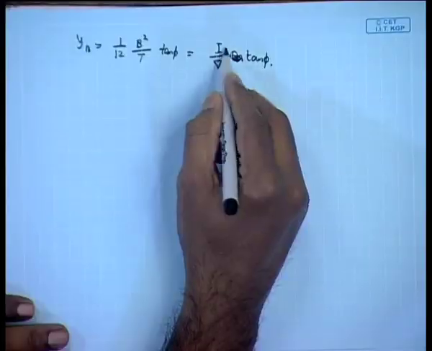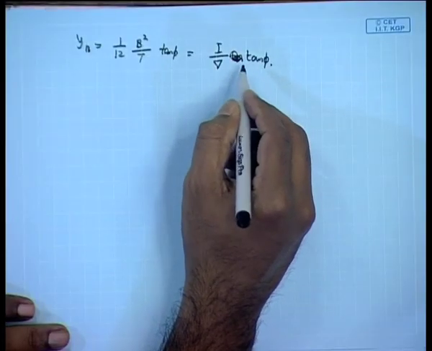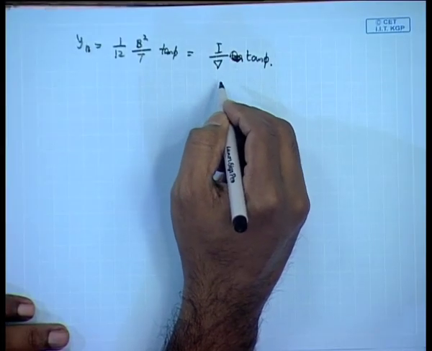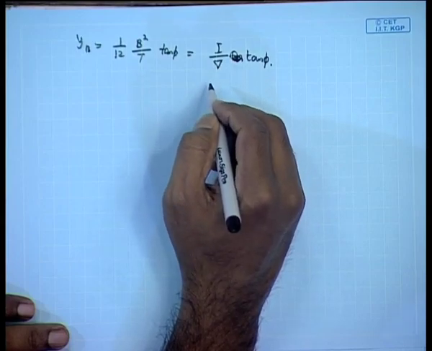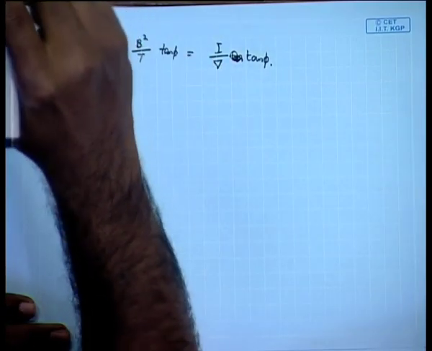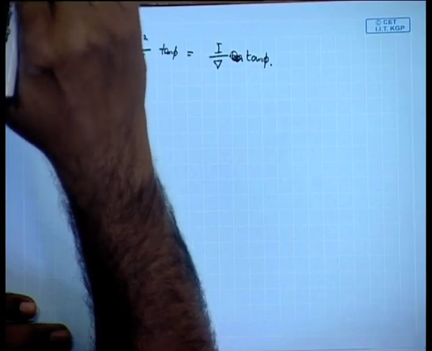So, using that, Yb is equal to I by del tan phi, and what is I? I is the moment of inertia of the system about the longitudinal axis, which gives you the transverse moment of inertia.